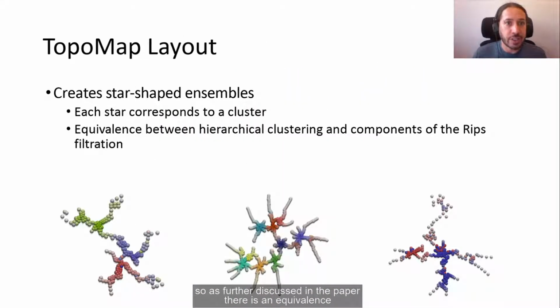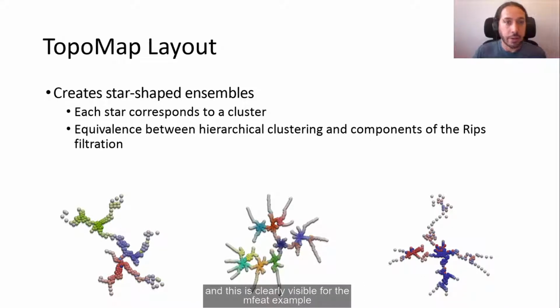So as further discussed in the paper, there is an equivalence between the components formed by the Rips filtration and the clusters identified by hierarchical clustering with the single linkage criterion. Thus, the centers of the star patterns computed by TopoMap actually correspond to the clusters found by hierarchical clustering.